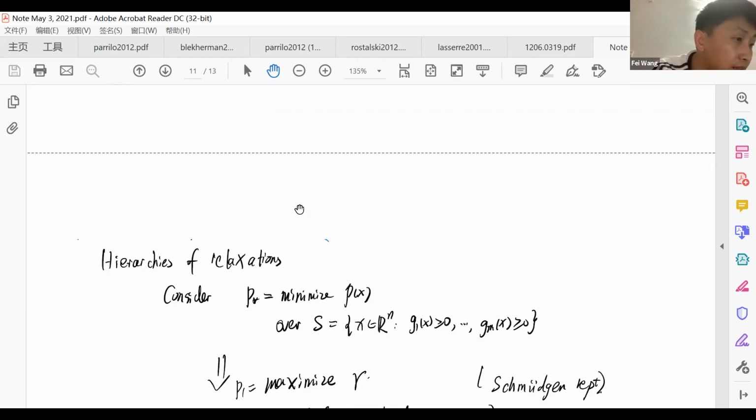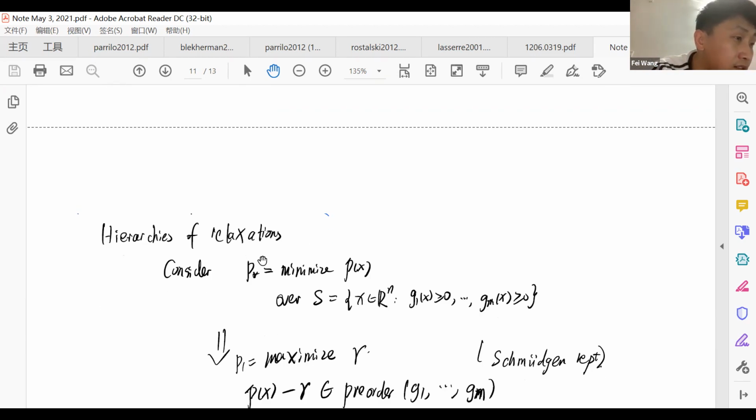Consider P star as the minimizer of P(x), a multivariate polynomial over S. S is a constraint set defined by these polynomial inequalities.